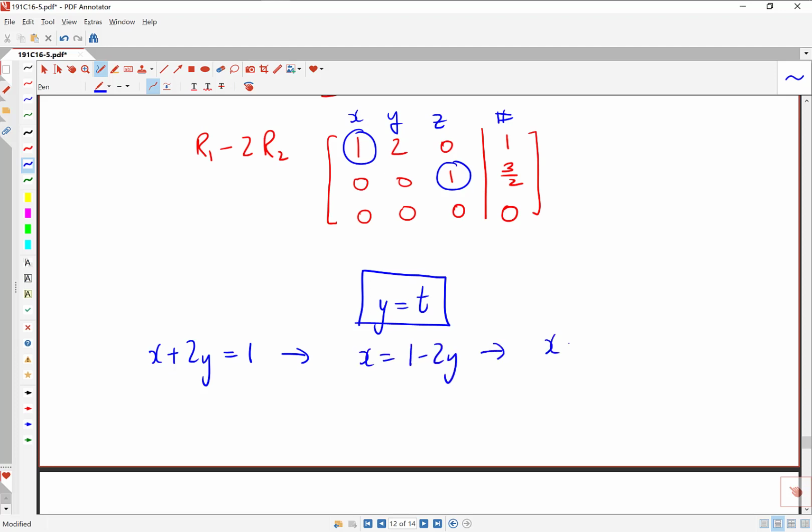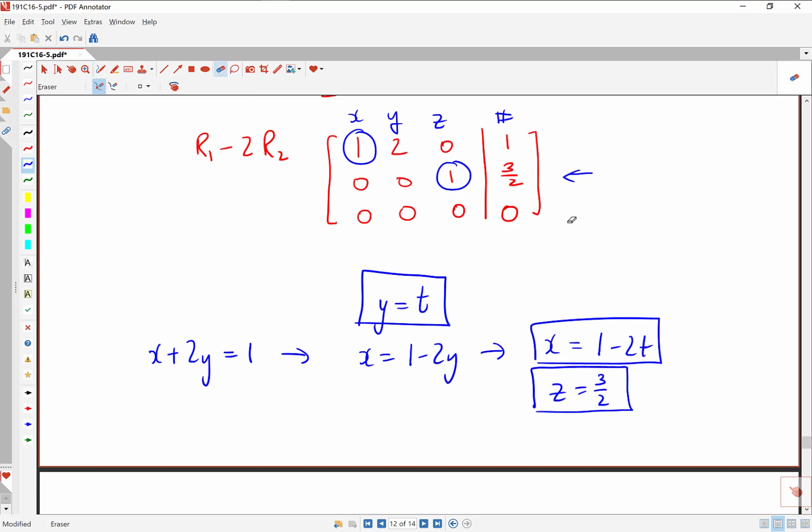And then just use the fact that Y is equal to T to say X = 1 minus 2T would be our solution for X. Okay, and then let's look at the middle row of the matrix. Well, that's saying Z equals 3/2. So no matter what the value of Y is, Z is going to equal 3/2. Z does not depend on T. So sometimes it happens that only some of your variables will depend on your parameter.